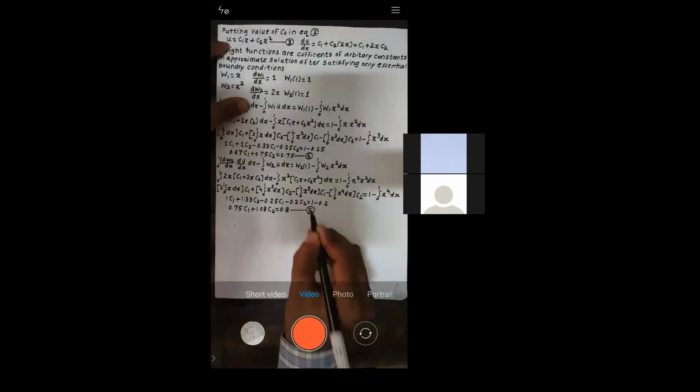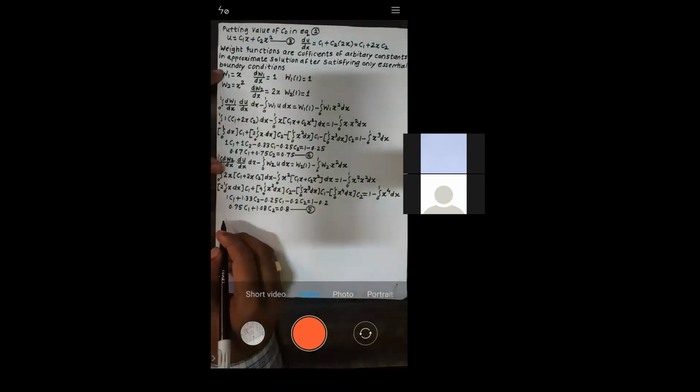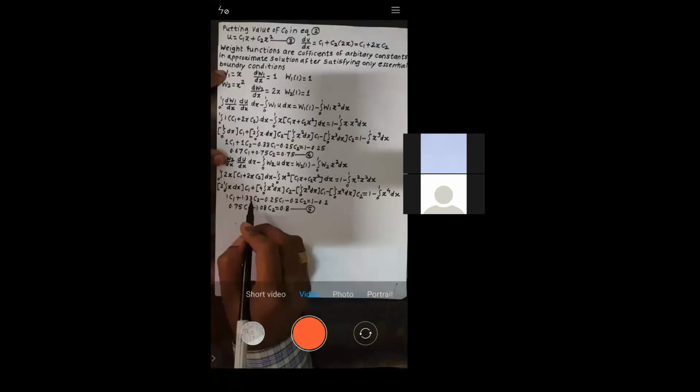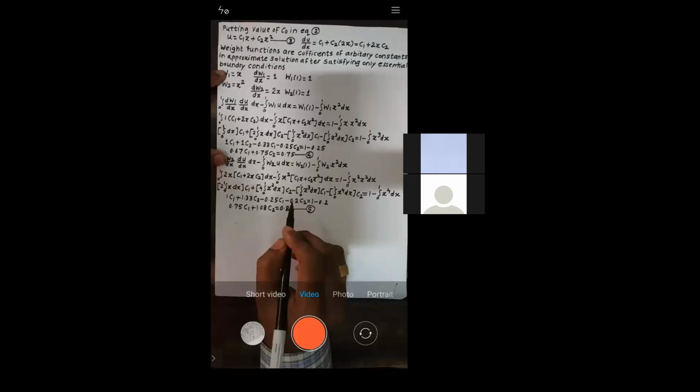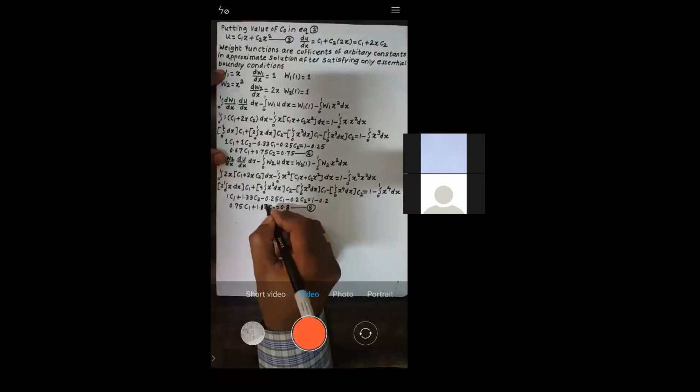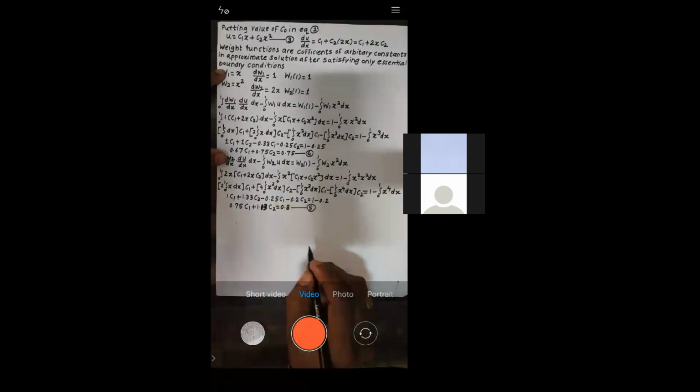Now you solve equation number 4 and 5. See, you've taken 1.33 minus 0.2. How much? 1.13. This is 1.13, right? So just check it.